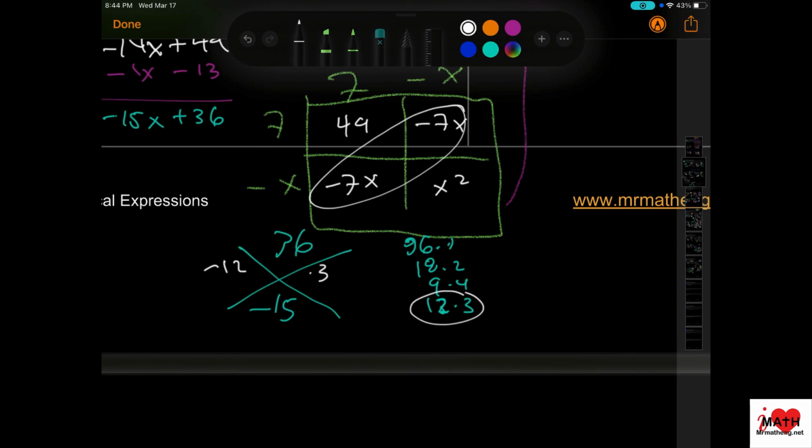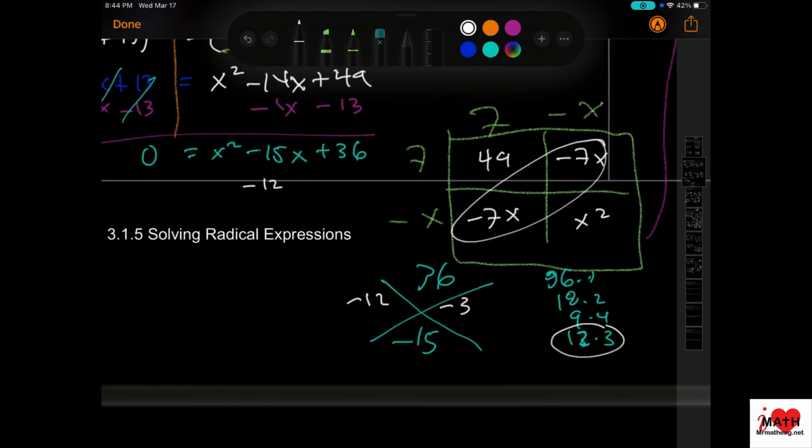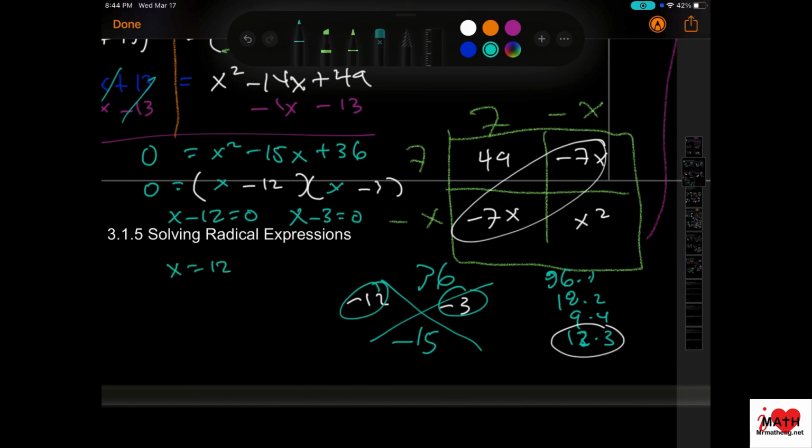And if they're both negative, they will add to be negative 15. So I can just do this, right? I'm just taking those. You don't need to use the box to factor. And then zero product rule. So x equals 12 and x equals 3.